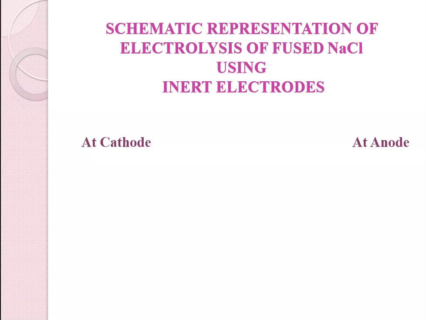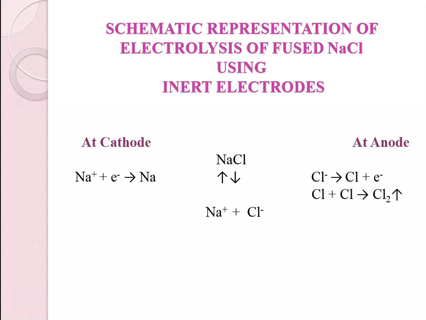So you have the cathode, you have the anode, you have to show the ionization of the electrolyte, then the reactions which happen at the cathode and the reactions which happen at the anode. So typically here we have shown the ionization of sodium chloride. You get sodium ions and chloride ions.